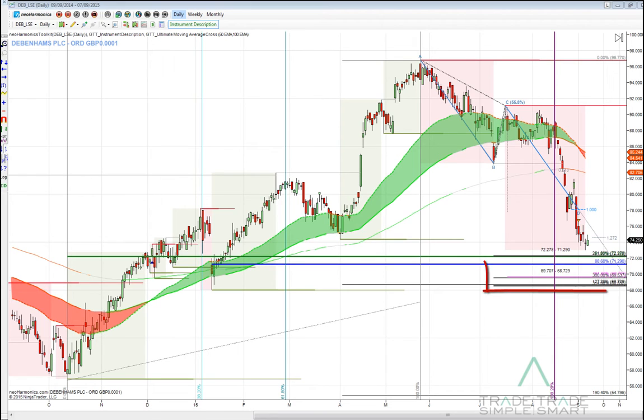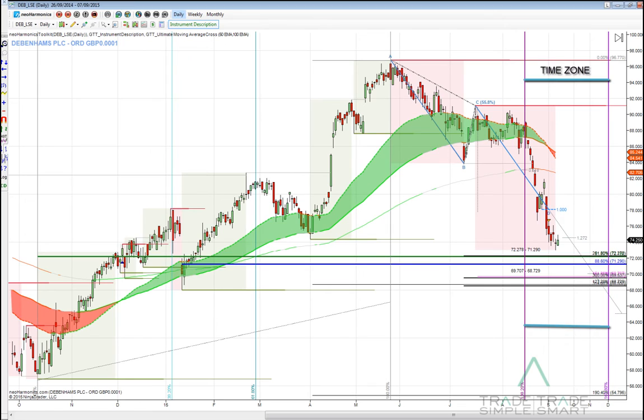So 69.70 to 68.729 are our preferred zone. But again, if we were to get a trade trigger at this point of the 2 moving average crosses, we'll be looking to enter the trade. In terms of time, we're in the typical time zone for a correction.